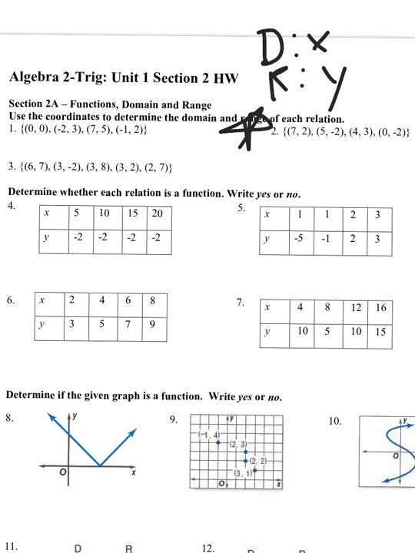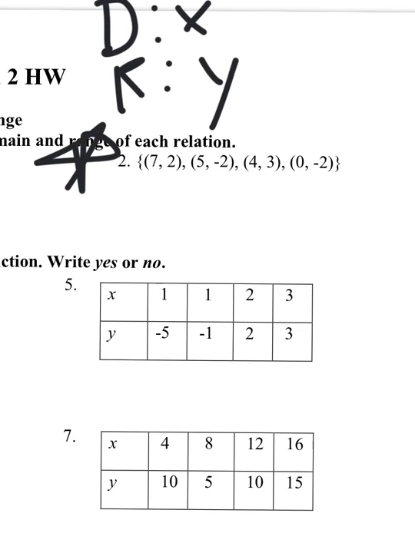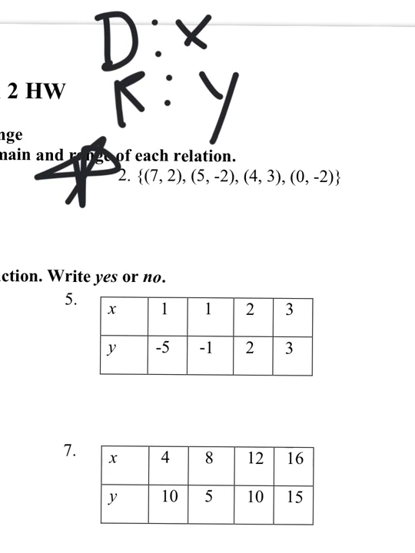So what's the domain for number 2? The domain is going to be the set of all x's. If you look at it, x is the first coordinate, okay? Those are our x values. Now if we ever have any repeats, we don't list them twice.